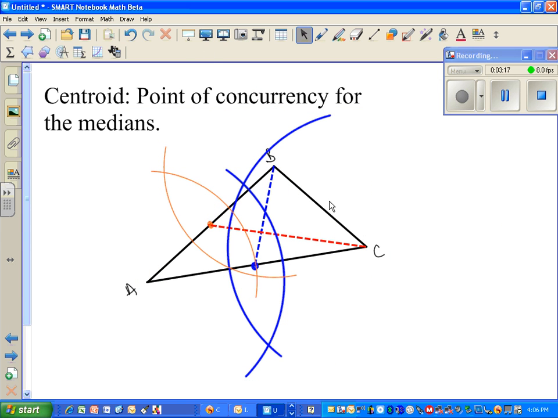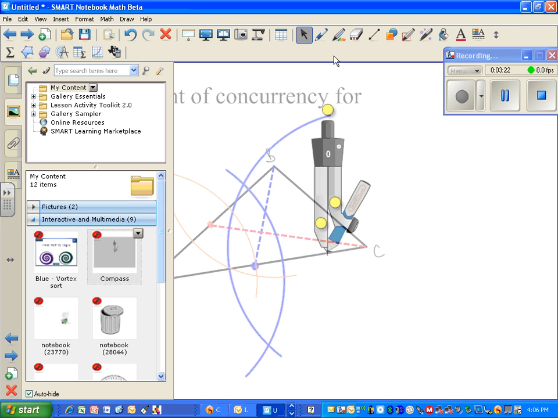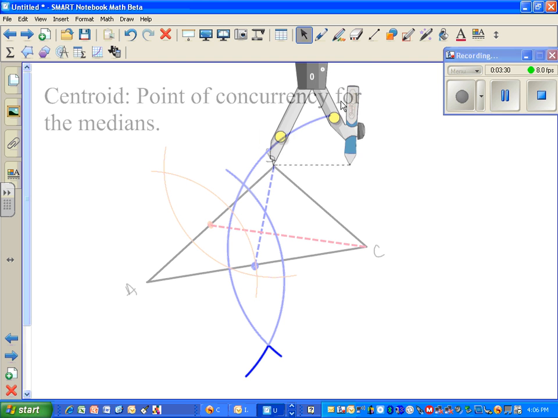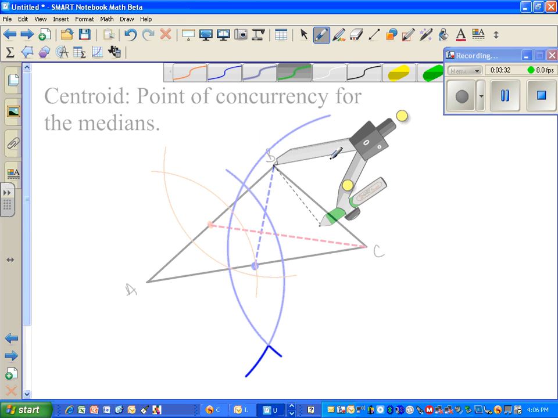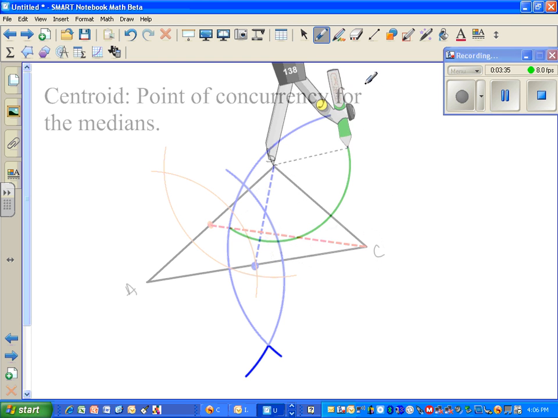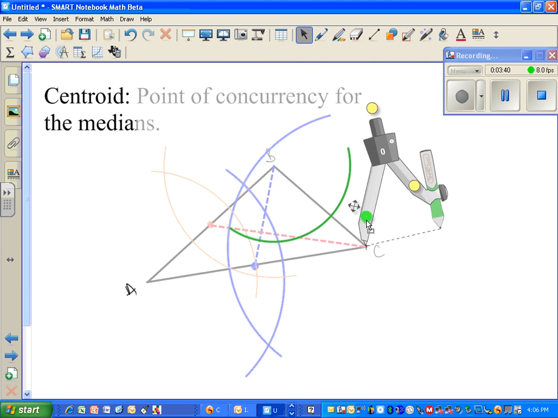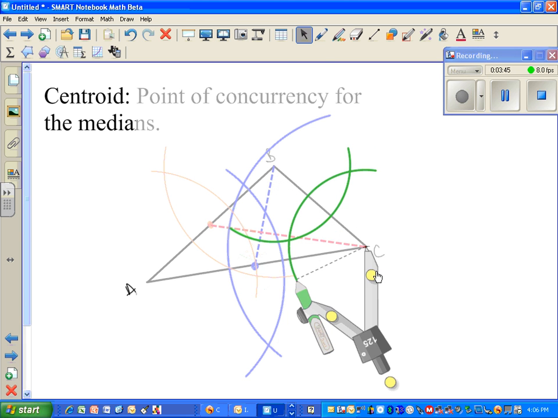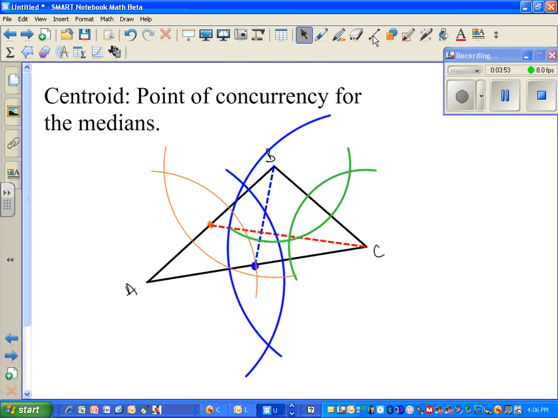Next part of the construction is going to do the perpendicular bisector to BC to find the midpoint. So I'm going to come pivot on B. I'm going to swing an arc. It's clearly more than halfway towards C. Then I'm going to pivot on C and swing that arc back toward B. I'm going to use that line to find the midpoint.